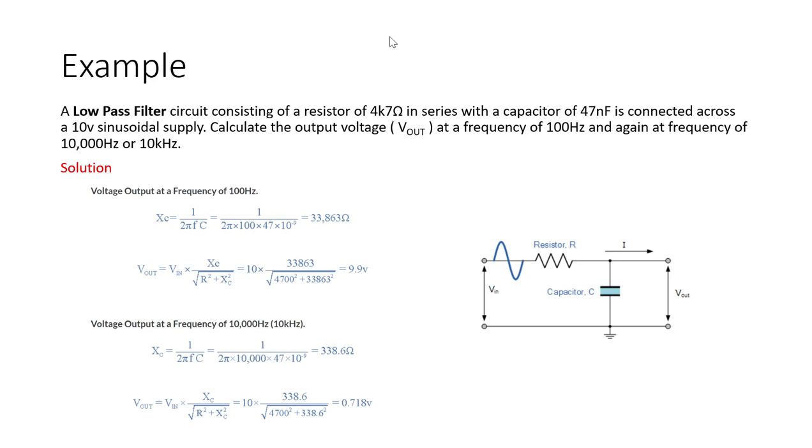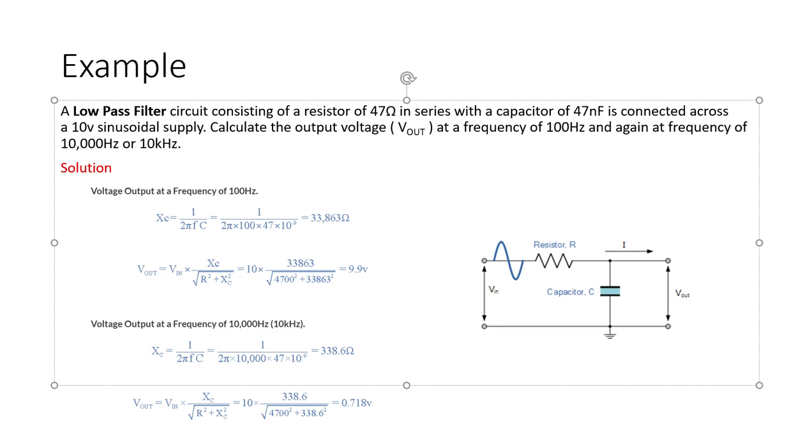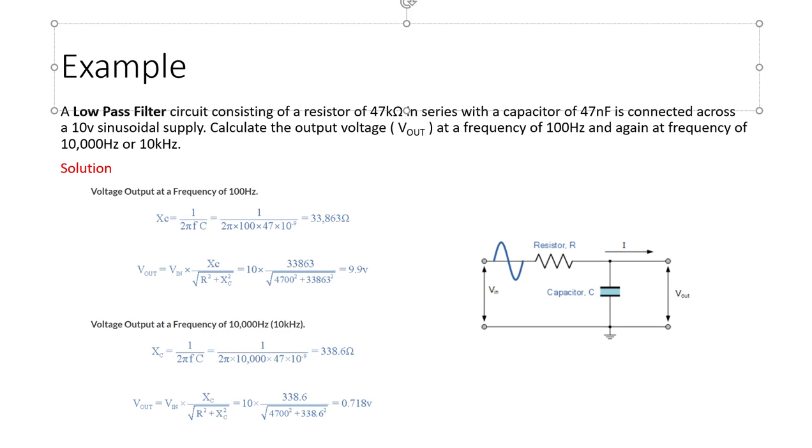The low pass filter circuit consists of a 47k ohm resistance. Sorry, this thing is a bit wrong, let me correct it. So this is a 47k ohm in series with a 47 nanofarad capacitor, which are connected across a 10 volt sinusoid supply.